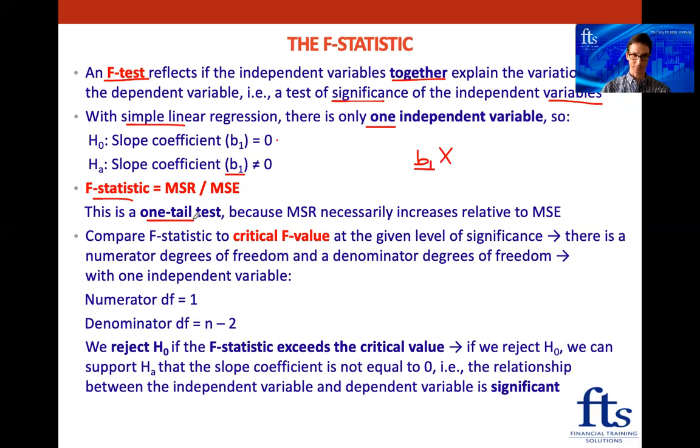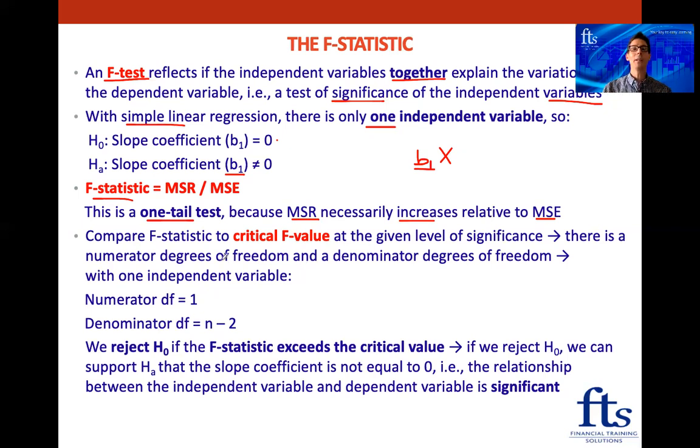Now, why is this? This is because the MSR, the mean square regression, it necessarily increases relative to MSE. So this means that the F stat can only be positive. The F stat can never be negative. That's why we do a one-tailed test. But don't worry about all of that detail and research on it. We're just going to go with this.